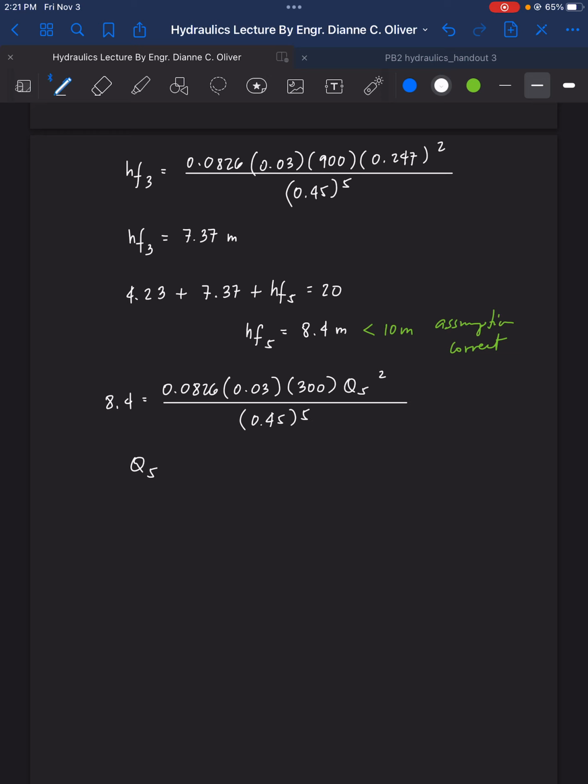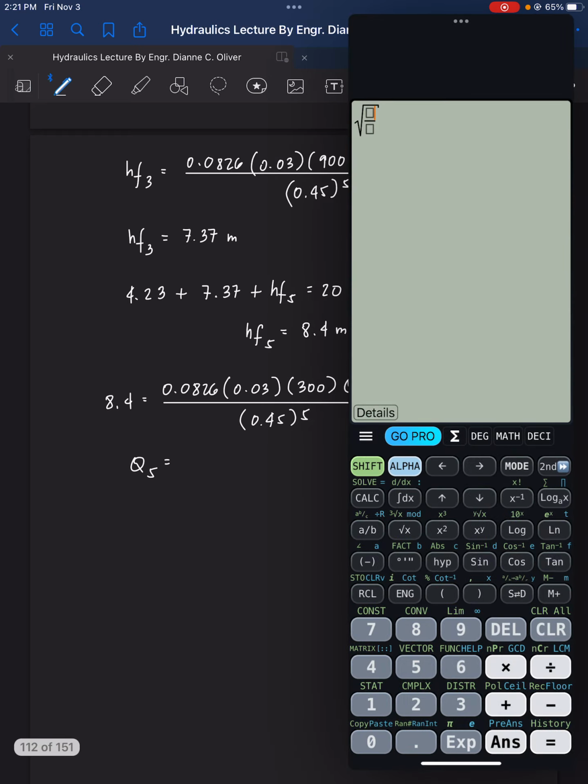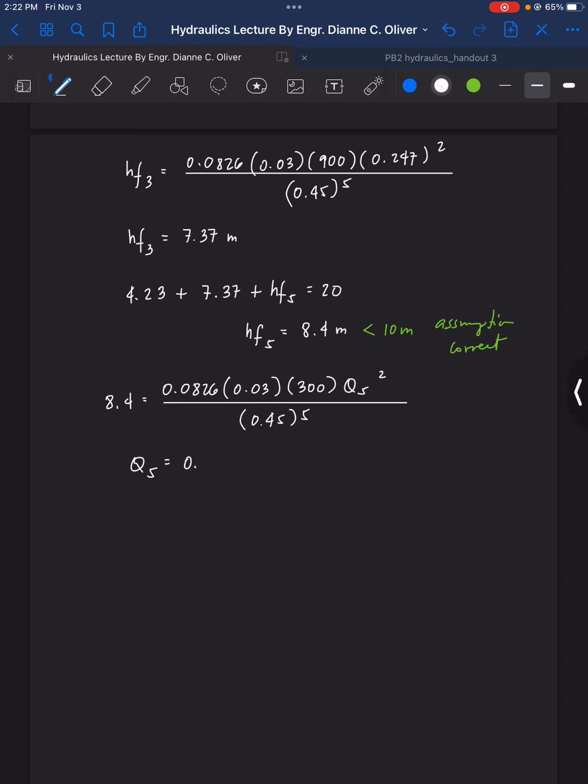So Q5 is now equal to 8.4 times 0.45 raised to 5 all over 0.0826 times 0.03 times 300. So 0.457 cubic meter per second. And 1,000 liter in every 1 cubic meter. Q5 now is equal to 457 liter per second.